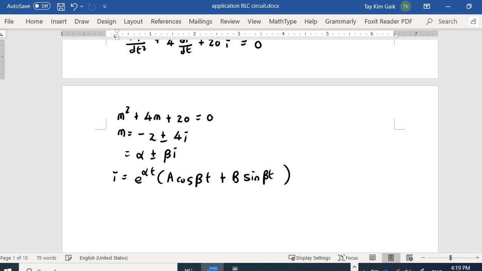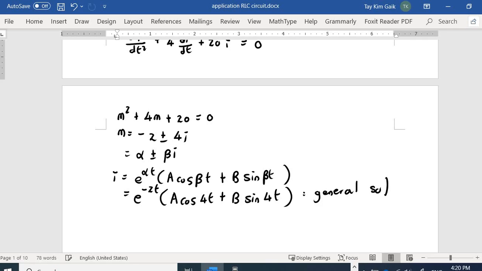This is the third case, where we have the complex root, where alpha is the real part, in this case negative 2. So e to the negative 2t. Beta is the positive value of your imaginary part, which is 4. So A cos 4t plus B sin 4t. So this is the general solution.